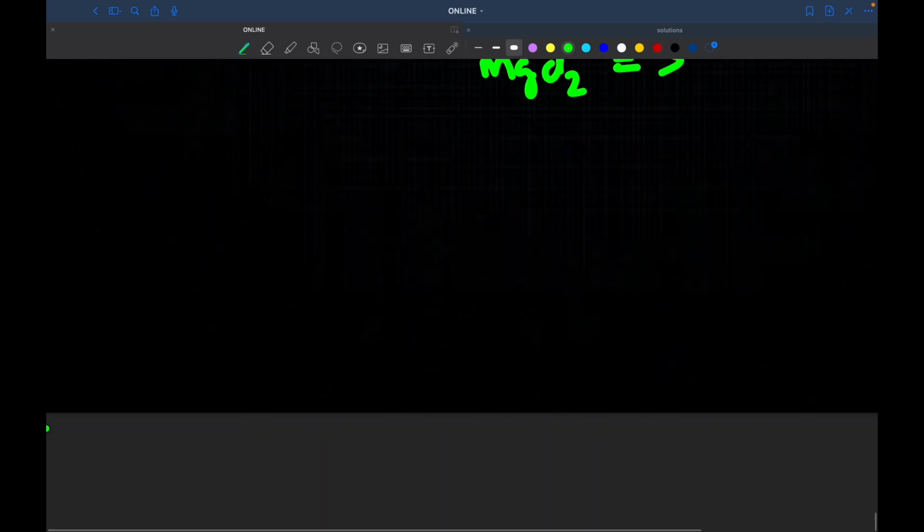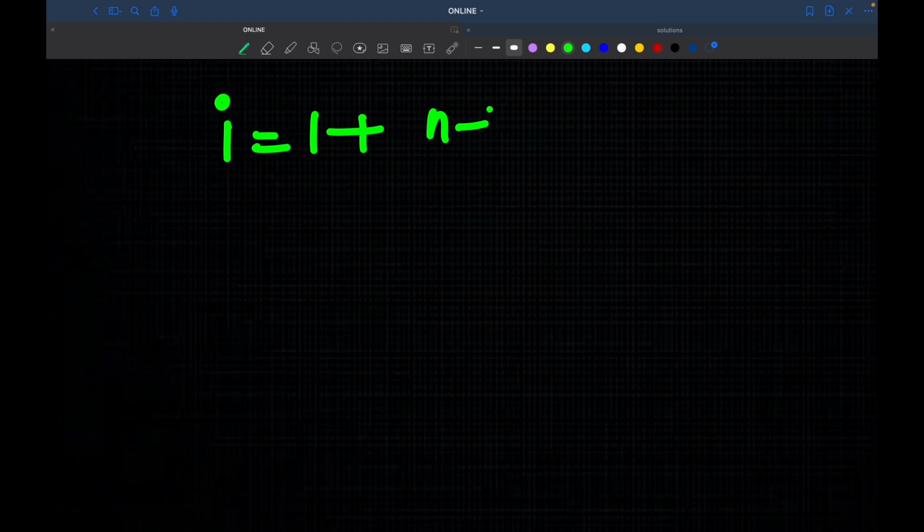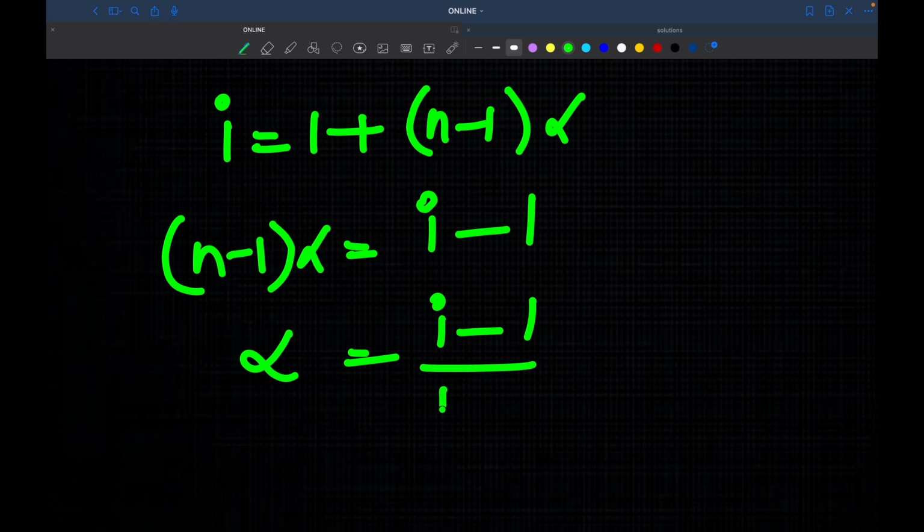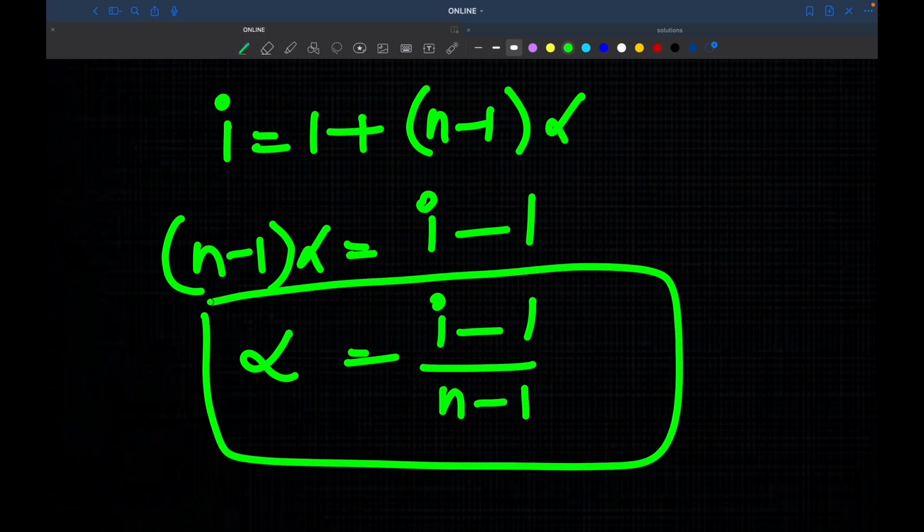We will modify this a little. The formula is I equal to 1 plus n minus 1 alpha. Bring alpha out of this. Alpha equal to what? n minus 1 alpha equal to I minus 1, right? So alpha equal to I minus 1 by n minus 1.